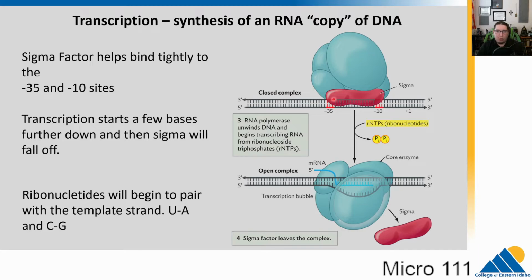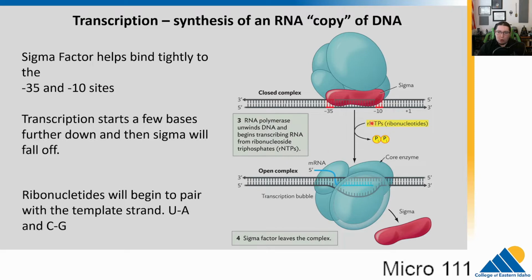Once that's bound to the -35 and the -10, the sigma factor actually falls off and transcription elongation starts. So the RNA polymerase starts to open up the DNA and copy the template sequence. It starts building a new RNA from a 5' to 3' direction.